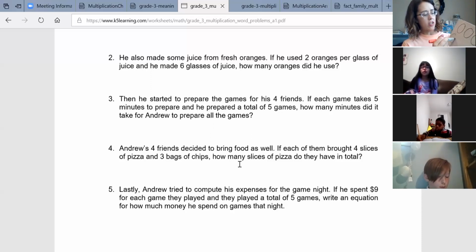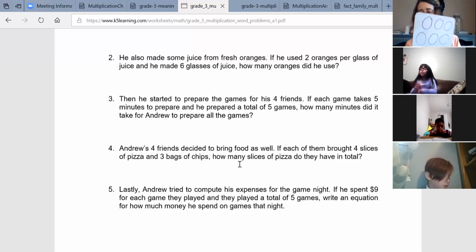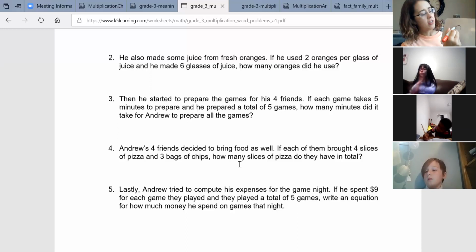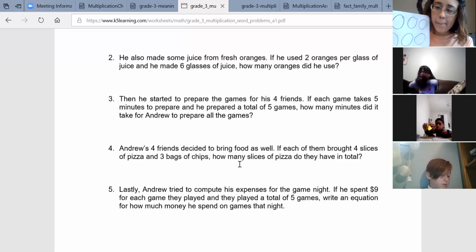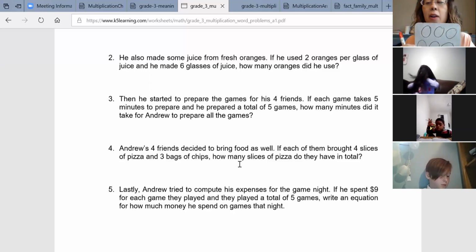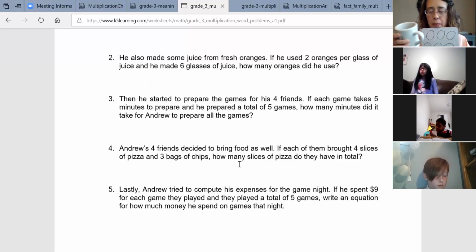That's a good question. Can anybody explain how it would make sense to figure it out? Do we need 6 circles or do we need 2? 6. And then why do we need 6? What does the 6 represent if we're picturing this in our brain?